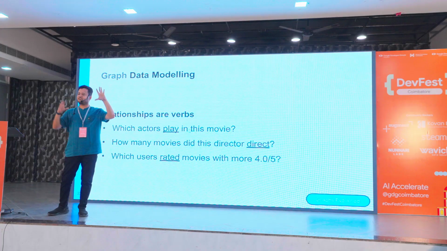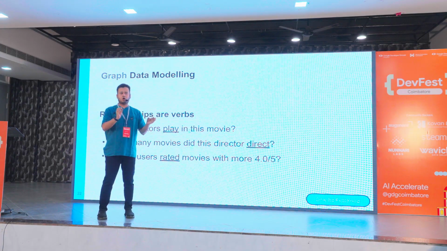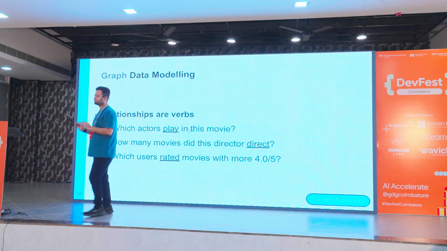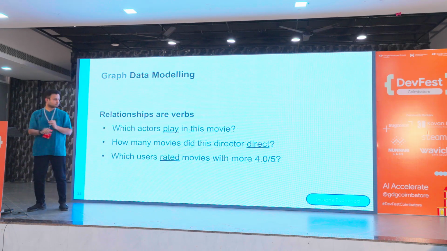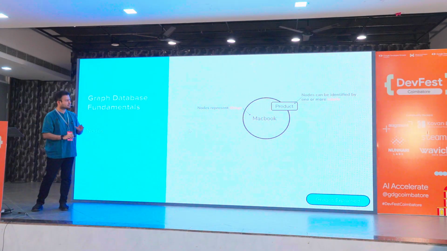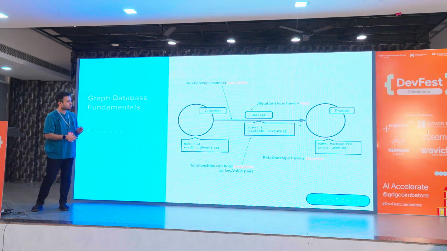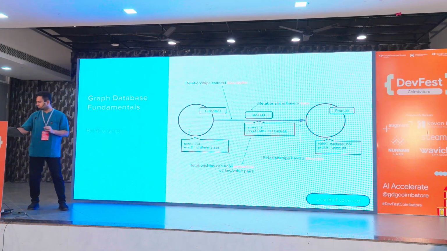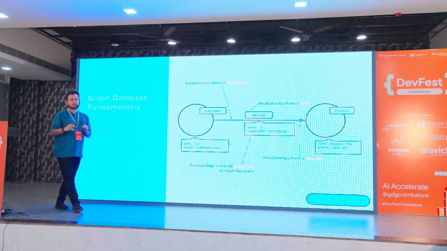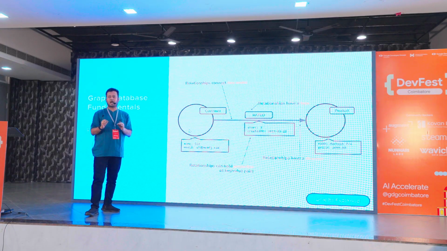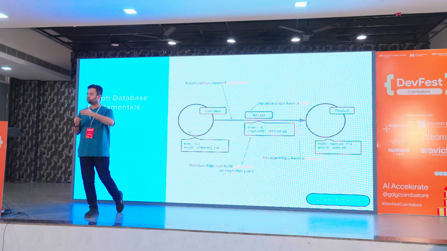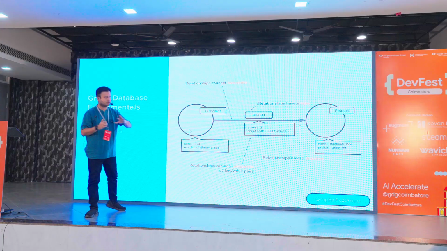So when you think of a graph database, all your nouns become nodes, all your verbs become relationships. Okay? Now, this is a simple example that I have. Quickly move forward. Okay. In case of a graph database like Neo4j, you have additional filtering mechanisms given to you. That is what we'll cover.